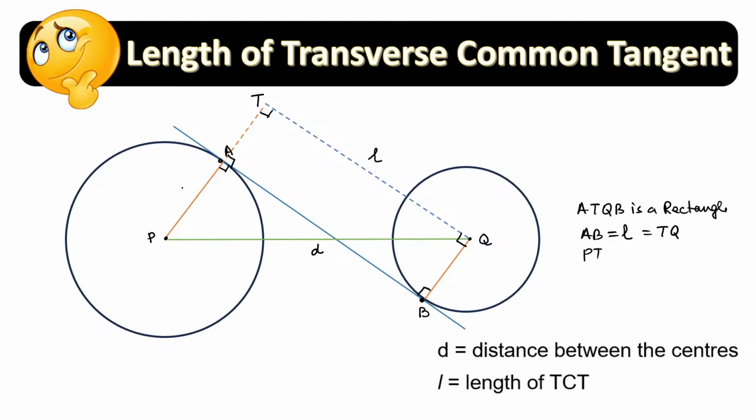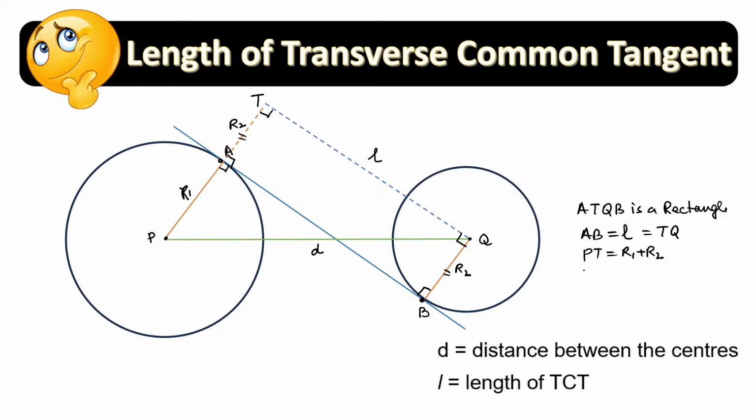This radius is, let us say, R1, and the radius of the smaller circle is R2. Since QB is the same as AT, as it is a rectangle, this length will also equal R2. Thus, your PT becomes R1 plus R2.